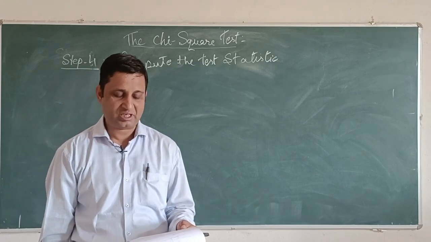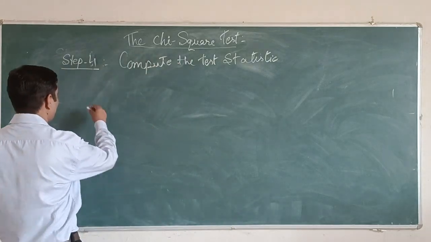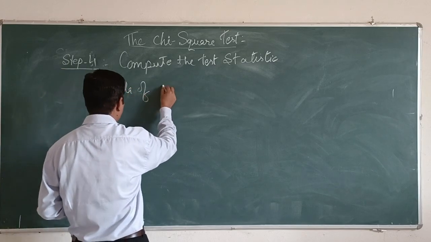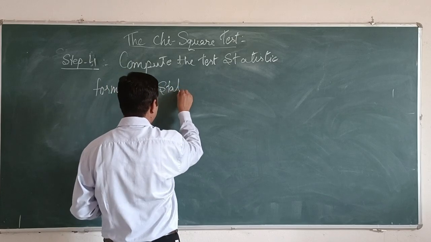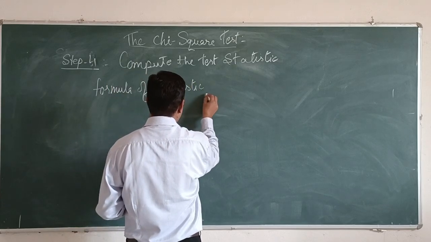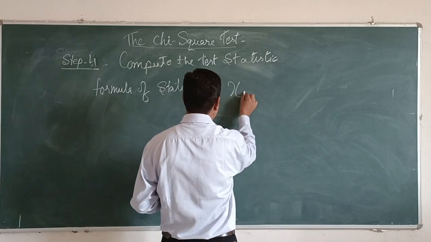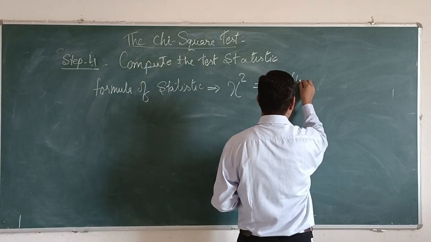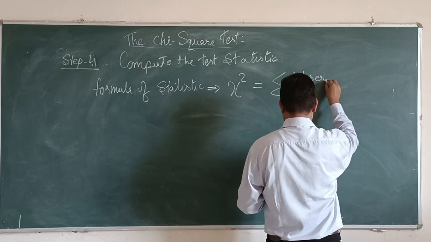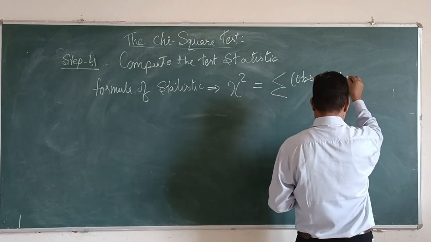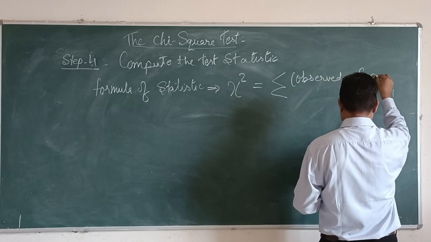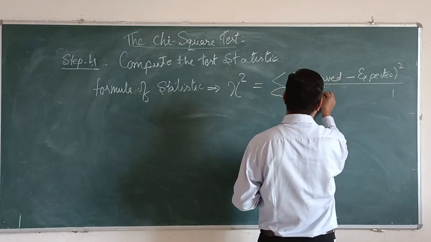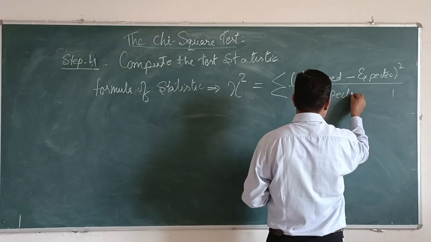The formula of the statistic is, we can express this one, observed value minus expected value upon expected.